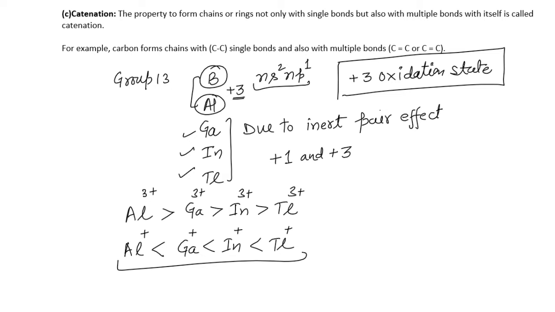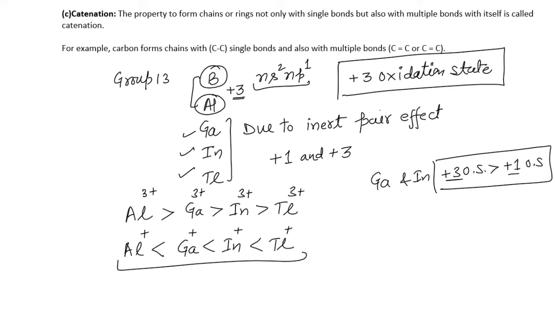as we go down the group. So in gallium, indium and thallium, we observe both the oxidation states +1 as well as +3. But in case of gallium and indium, +3 oxidation state is more stable than +1 oxidation state. +3 oxidation state is more stable than +1.